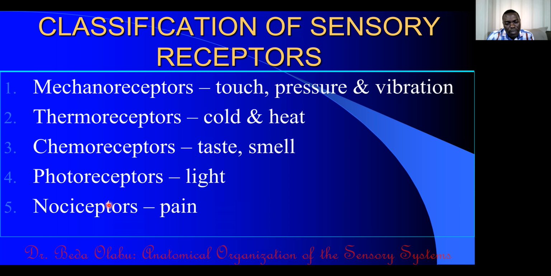And if something is being stimulated by noxious stimulus, we call them nociceptors. Therefore, nociceptors are receptors for pain. So this is how we classify sensory receptors. And so that is the second thing we're defining. We've defined what a sensory receptor is, and I've given you different classes of sensory receptors.